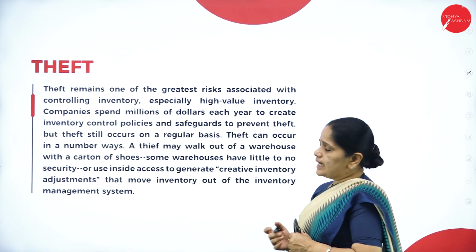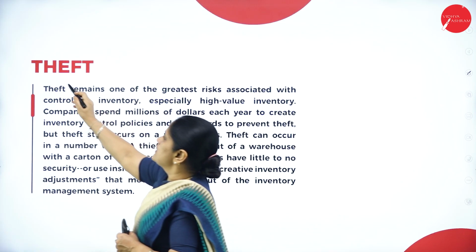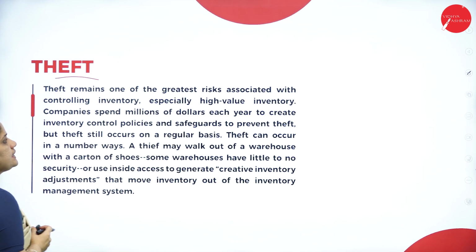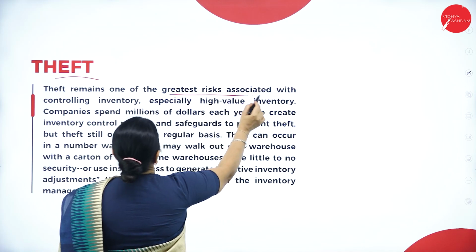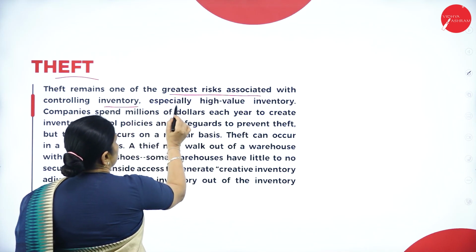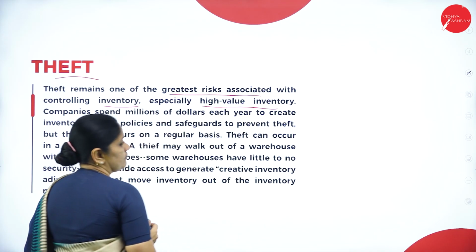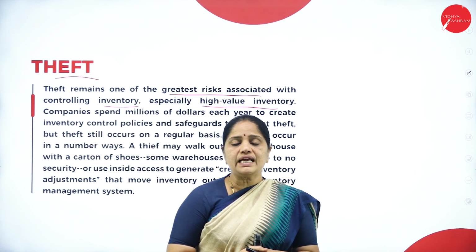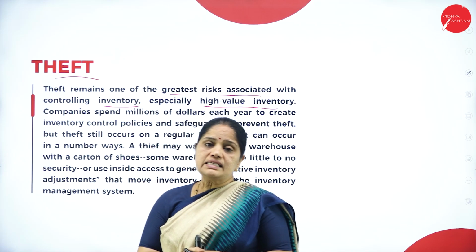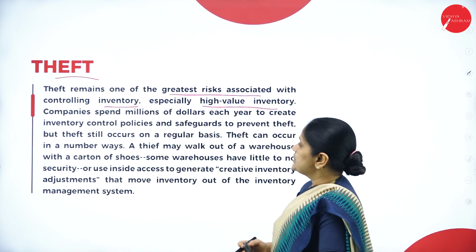Then the next and the most important factor is theft. Theft remains one of the greatest risks associated with controlling the inventory, especially high value inventory. So when the company has an inventory of very high value, then there is a risk of theft of inventory.